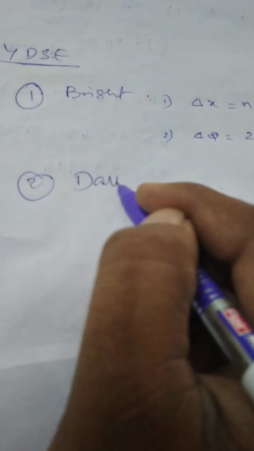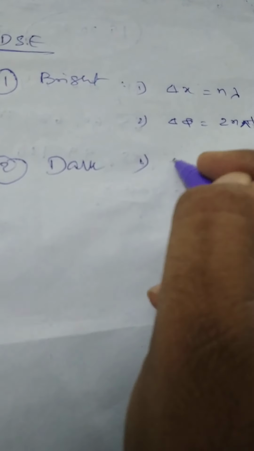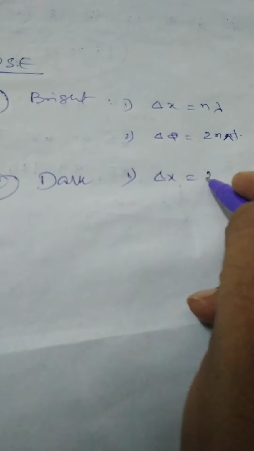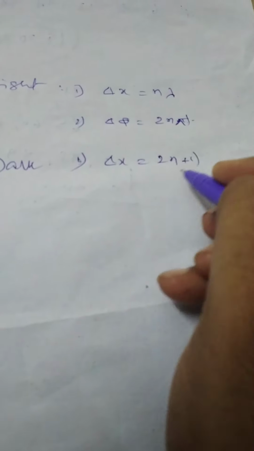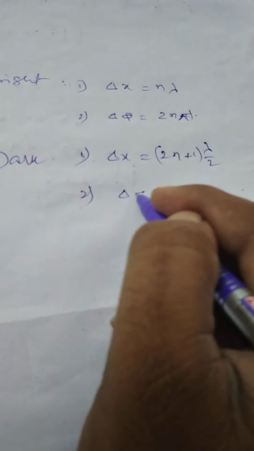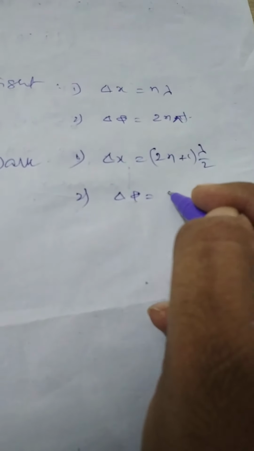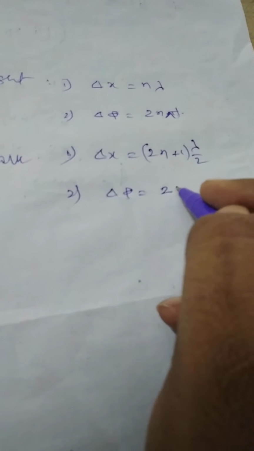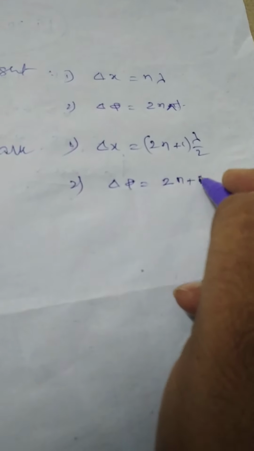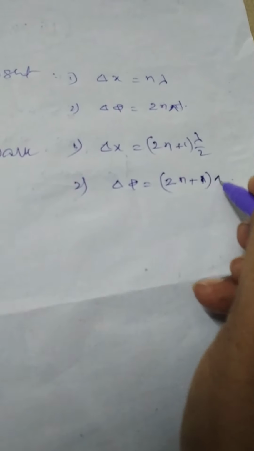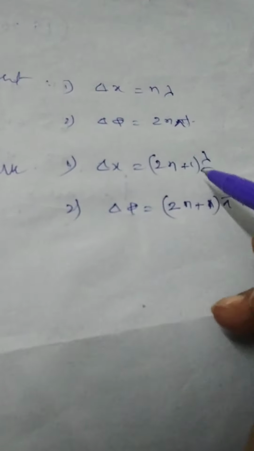And second, what are the conditions for dark bands? First, delta x is equal to (2n plus 1) into lambda by 2, and the phase difference delta phi is equal to (2n plus 1) into pi. Plus 1 or minus 1, no problem.